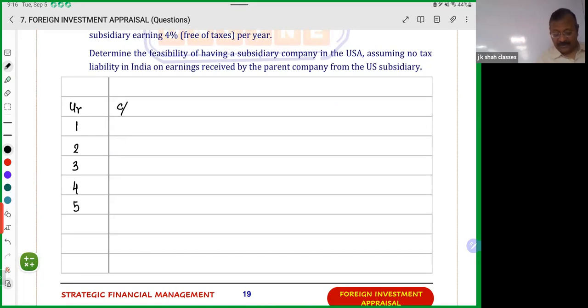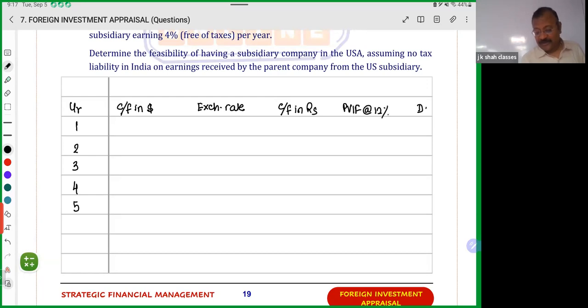Your primary cash flow will be in dollars, on which you will apply some exchange rate. You will get the cash flows in rupees, which you will discount at 12%, and you should get the discounted cash flow in rupees. Finally, this is our objective.